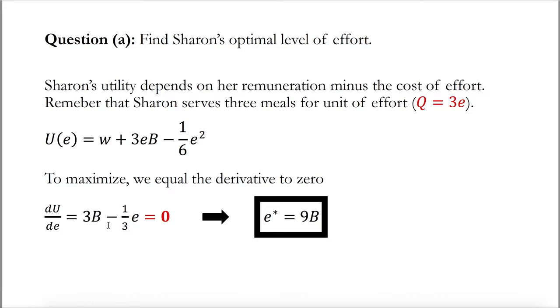The derivative with respect to E is 3b minus 1 over 3 times E. Then you put this equal to 0, as you can see here in red. And if you put this derivative equal to 0, you can easily obtain the optimal level of effort, which is 9 times b, 9b. You have to remember this result because it's going to be very useful in the next questions.